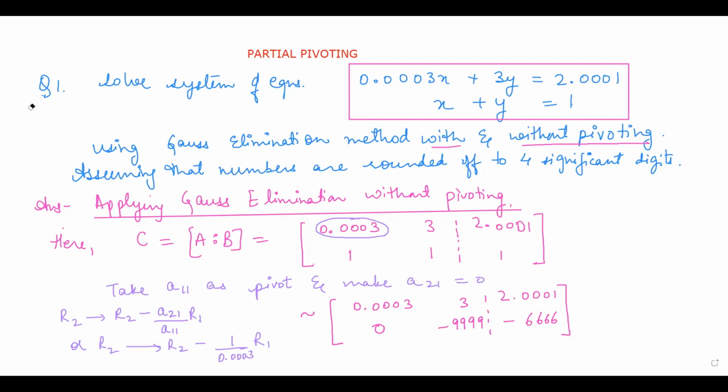So now it has been converted into an upper triangular matrix, because it's a 2 cross 2 matrix. So just apply the backward substitution. When you apply the backward substitution, you can rewrite this equation with 0.0003, x, y.